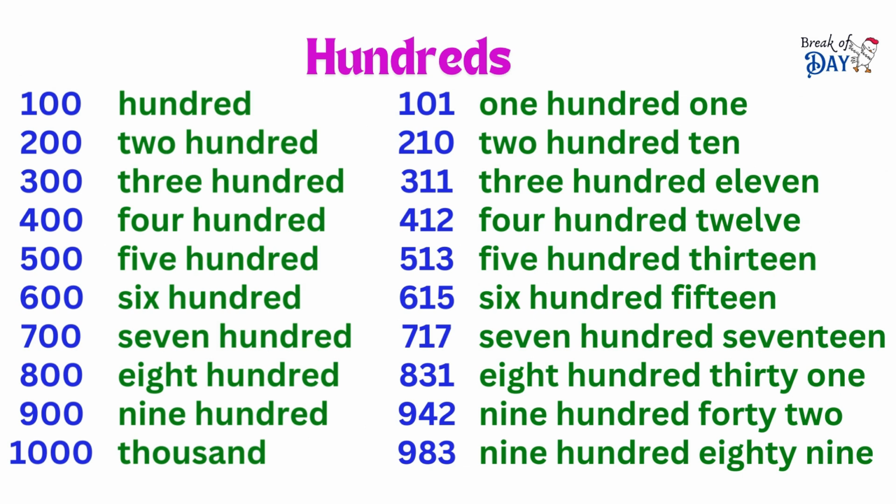First one is 100, 200, 300, 400, 500, 600, 700, 800, 900, 1000. 101, 210, 311, 412, 513, 615, 831, 942, 983.